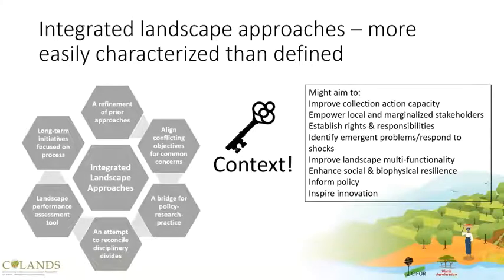You'll see some of them are repeated from the previous slide. And I think you are trying to bridge policy research practice gaps. You are trying to reconcile disciplinary divides, and these are ongoing challenges. And I'll also refer later to the issue of monitoring and evaluation. So I think that's obviously important for landscape approaches.